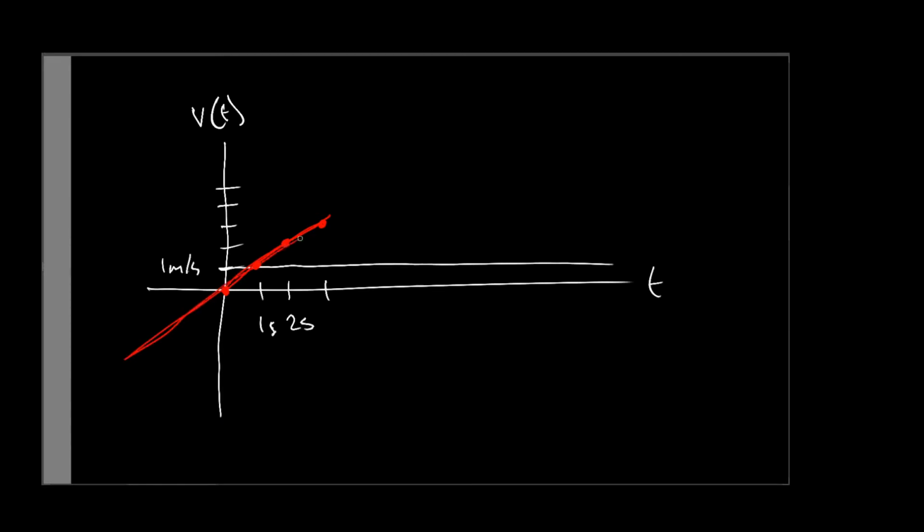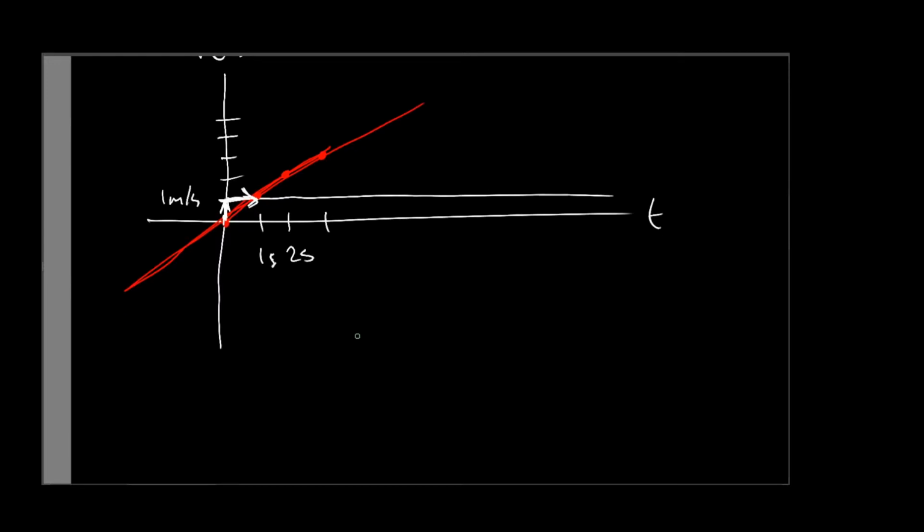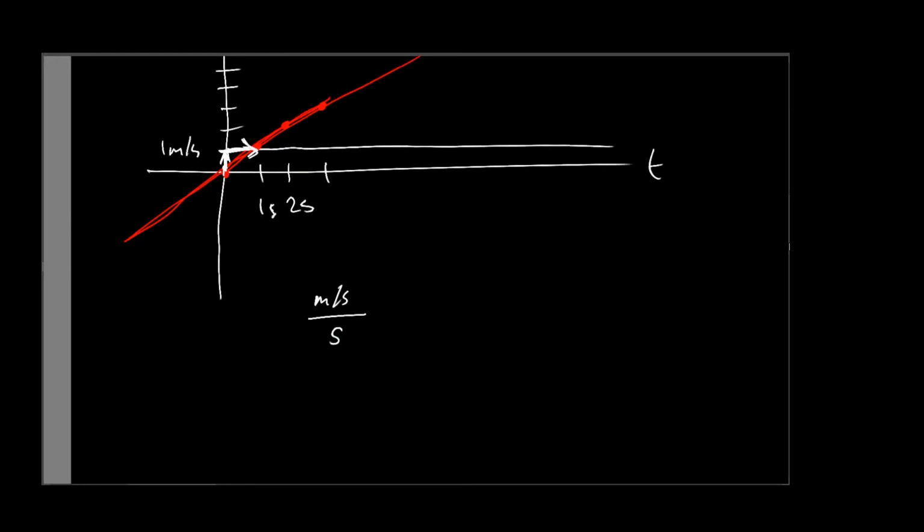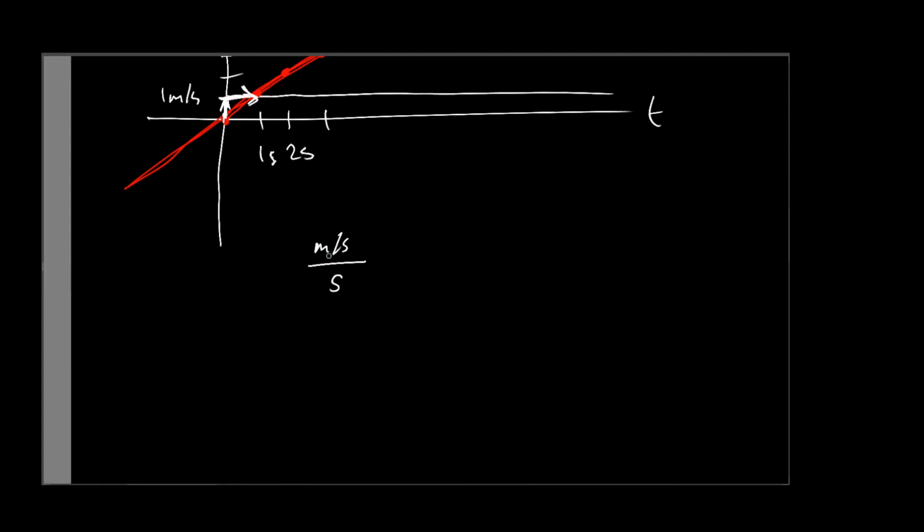If it were a straight line, like that, what would the slope in this case mean? Well, going back to units, if you go up 1, and then over 1, you're going up by meters per second, and then you're putting that over seconds again, and you once again end up with a new unit called meters per second squared.